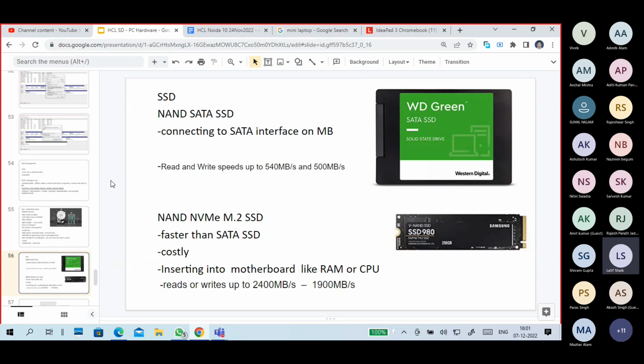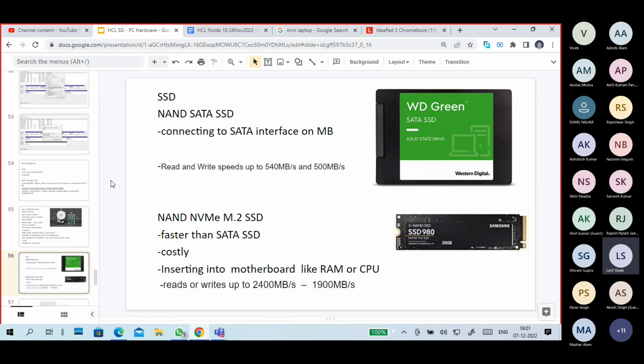Okay, guys, next one is SSDs. Of course, same thing, SSD, but in SSD also there are two types of connectivity. One is SATA type of SSD, and the other is NVMe M.2, non-volatile memory M.2 framework. This M.2 type SSD is faster. We can insert it directly into your motherboard, just like how you insert RAM.